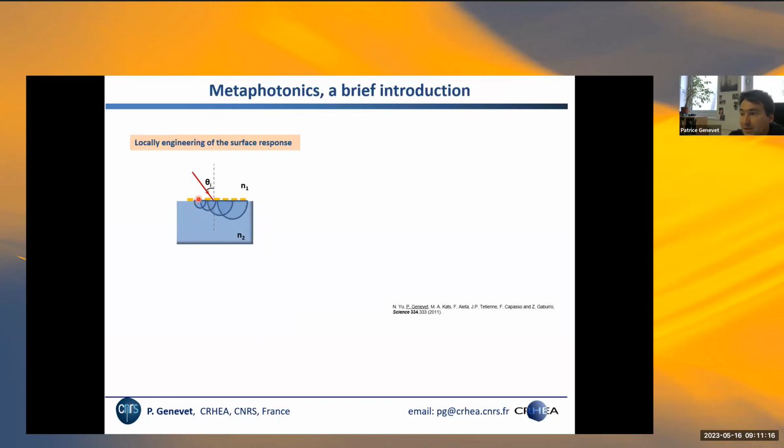The secondary waves emitted by each of those emitters now appear dephased, and if you take the envelope of the actual transmitted wavefront, you end up with a beam that is propagating in a direction fully controlled by the nanostructured array. So the presence of a phase gradient along the interface can be used to direct or control the refraction of light in any arbitrary direction.